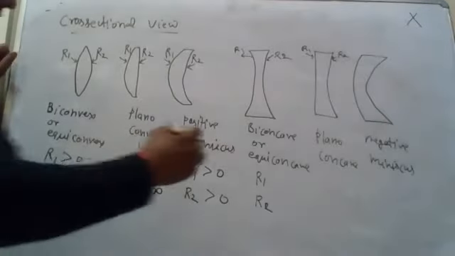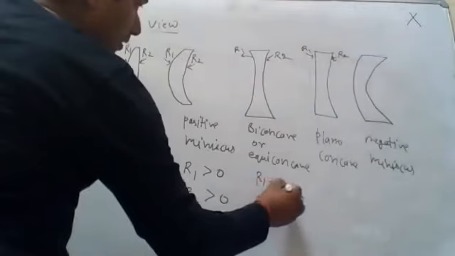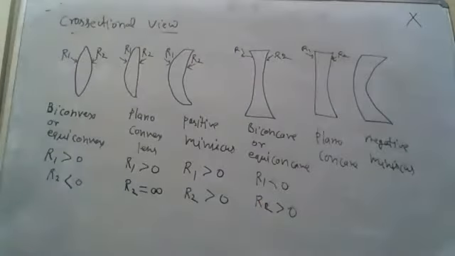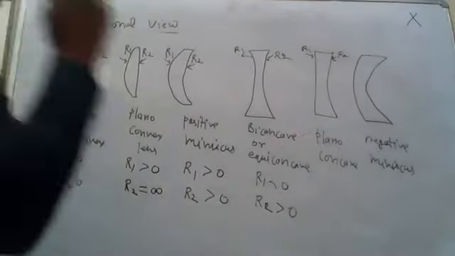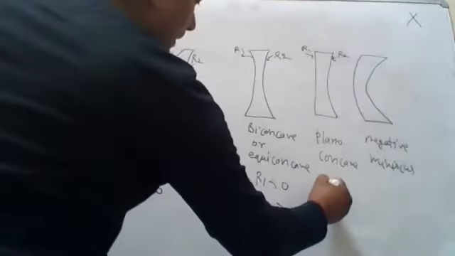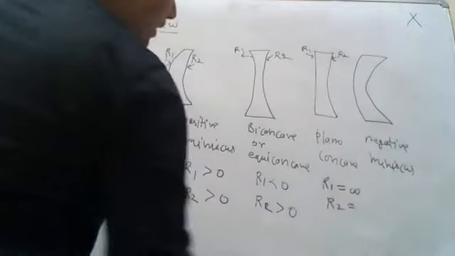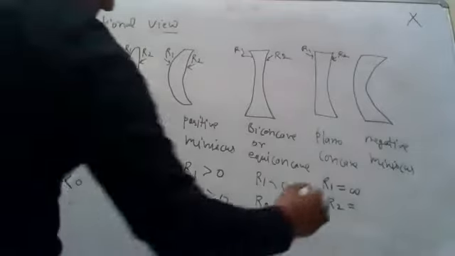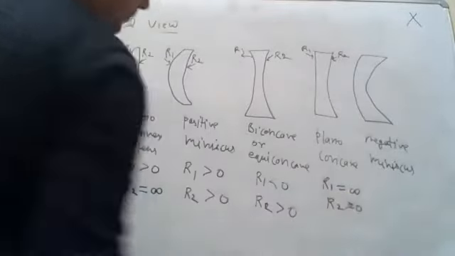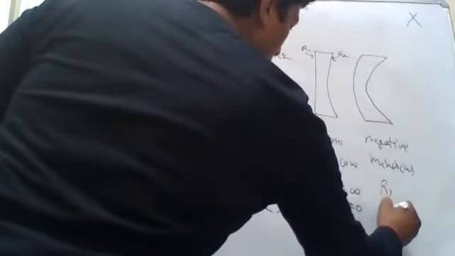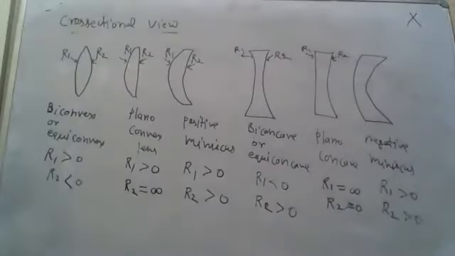So R1 will be negative and R2 will be positive. Similarly, for the plano-concave lens, R1 will be infinity and R2 will be positive. And in this one, R1 and R2 are both positive radii of curvature.